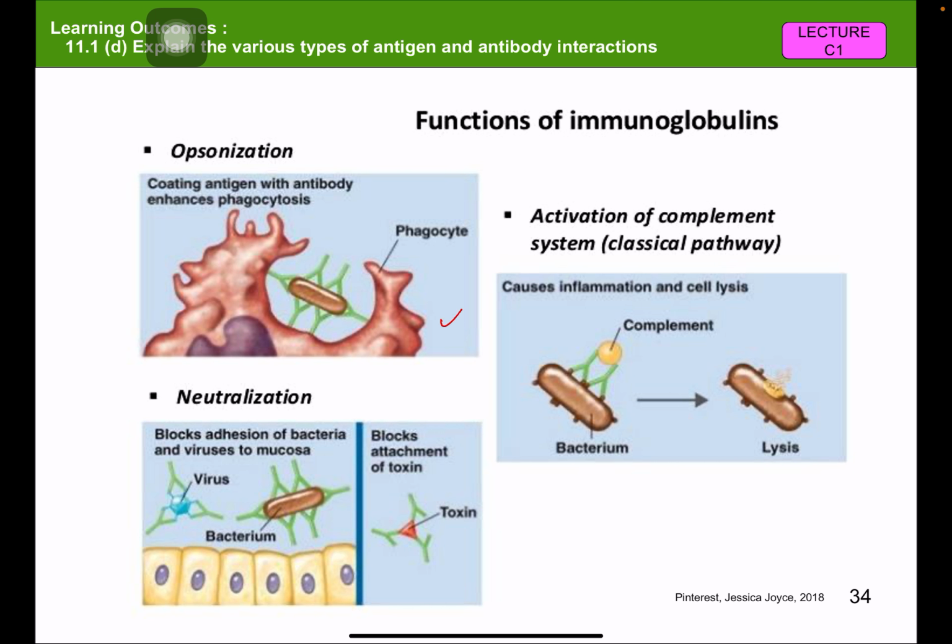Neutralization, whereby the antibody neutralizes the toxin by attaching to the toxin, and also blocks the adhesion of the bacteria to the mucosal membrane. And the third one is activation of the complement system, which causes inflammation and also cell lysis.